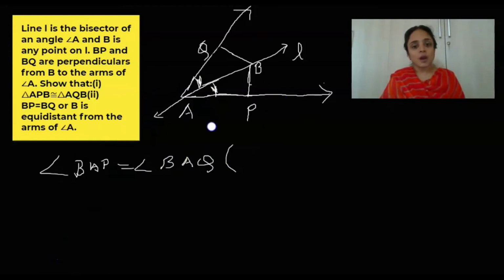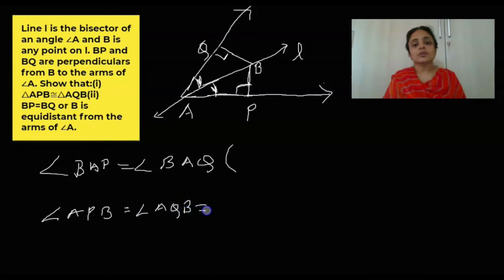Okay. Now, next, since these are perpendicular, BP and BQ are perpendiculars to these arms, what will be this angle? That is, angle APB is equal to angle AQB is equal to 90 degrees.